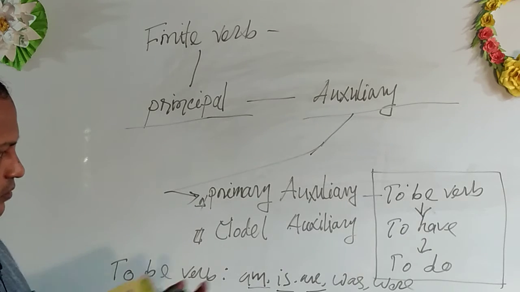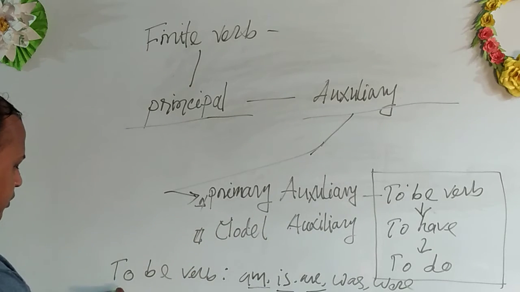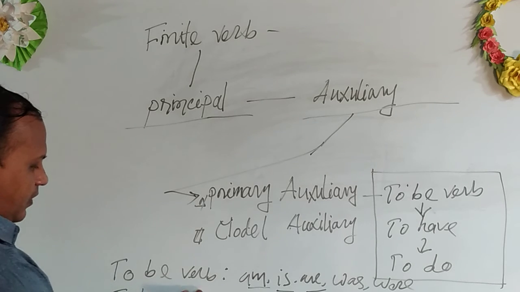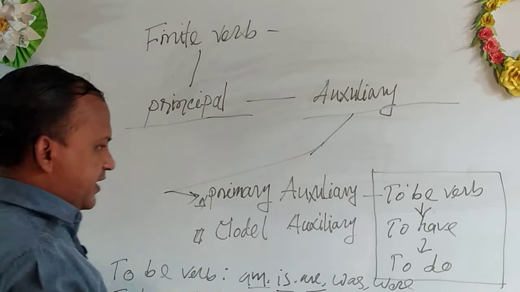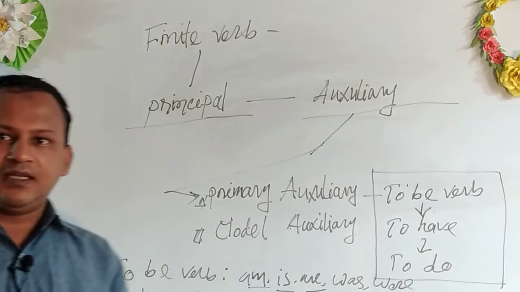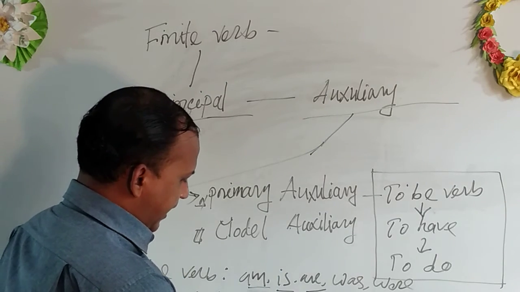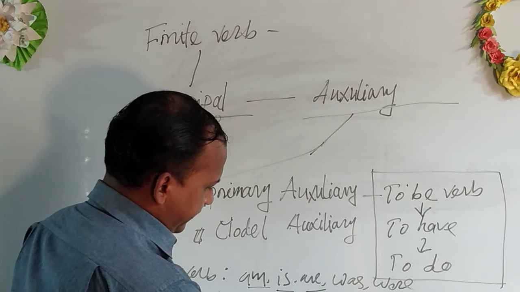Another verb, the to have verb, consists of 3 members: have, has, had.